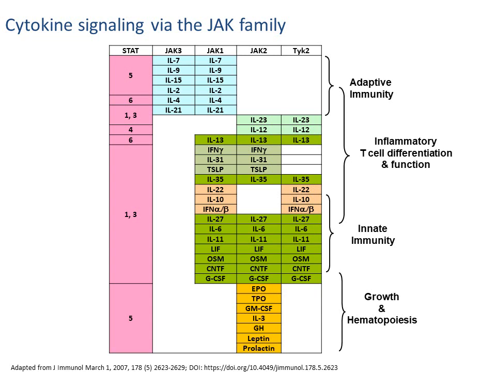STAT5 uses IL-7 for JAK3 and JAK1, IL-9, IL-15, IL-2, IL-4, and IL-21. These are the gamma cytokines, and they are present in the white blood cell lineage, and they are associated with an adaptive immunity response as shown on the top right.